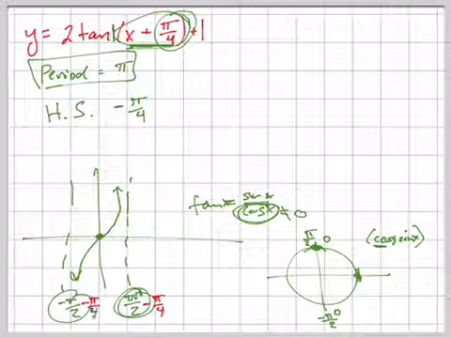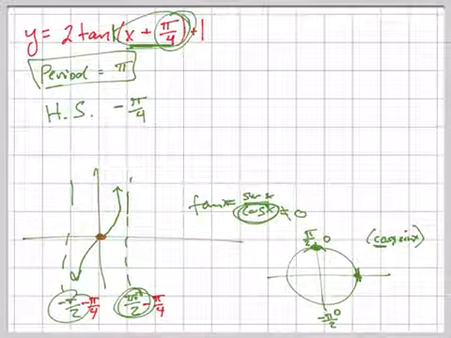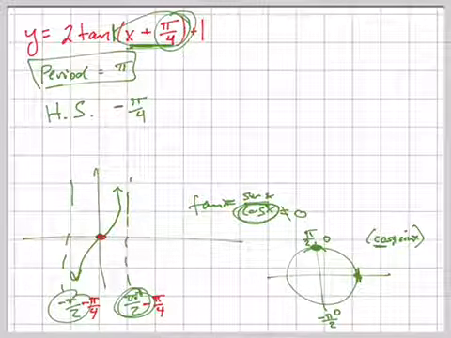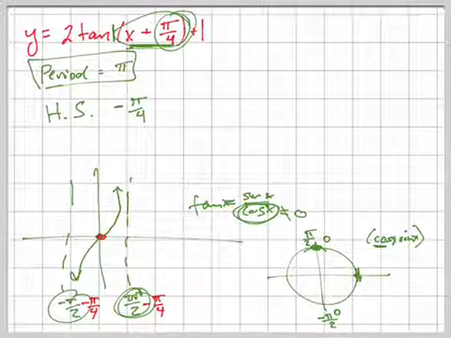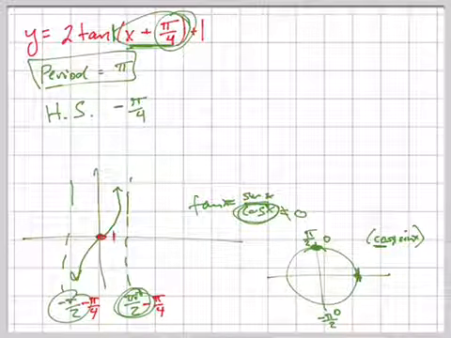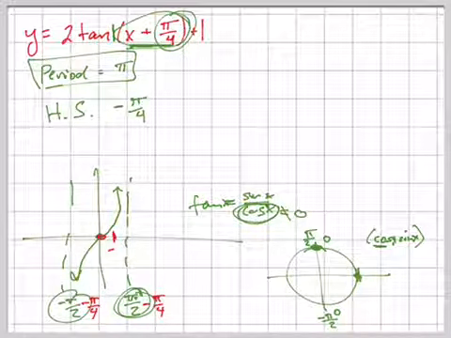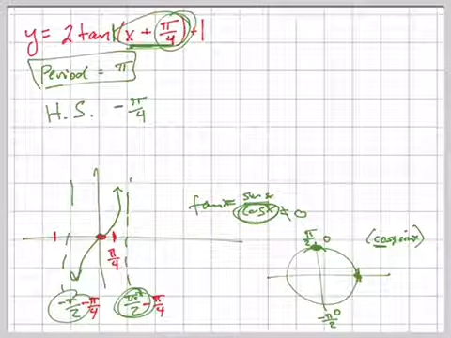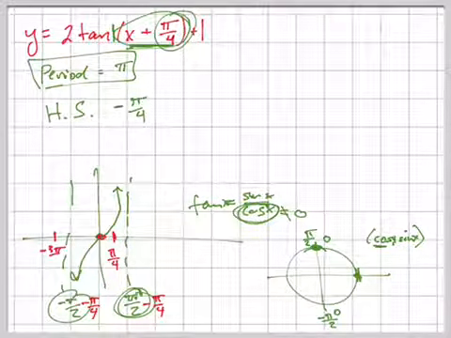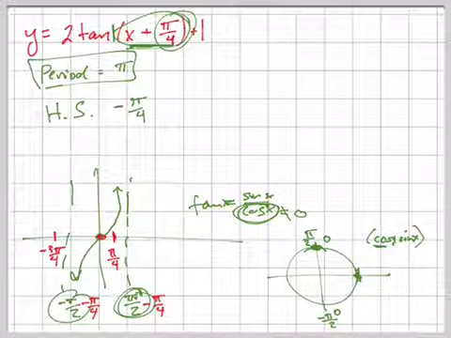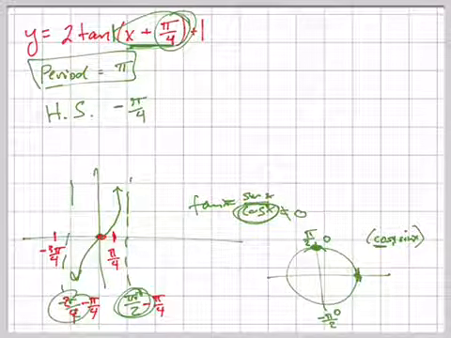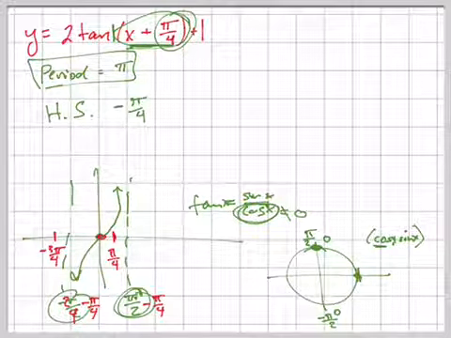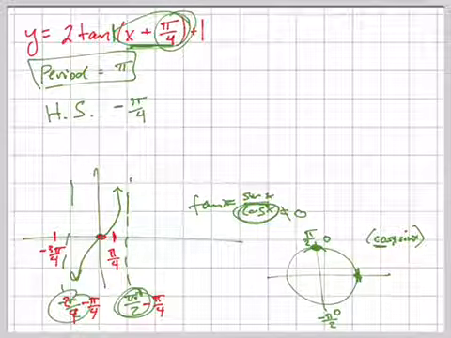You can even subtract pi over 4 from the center, but I just wait and put that right in the center. So if I subtract pi over 4, I'm going to be at pi over 4, and I'm going to be at negative 3 pi over 4, because this is like negative 2/4.